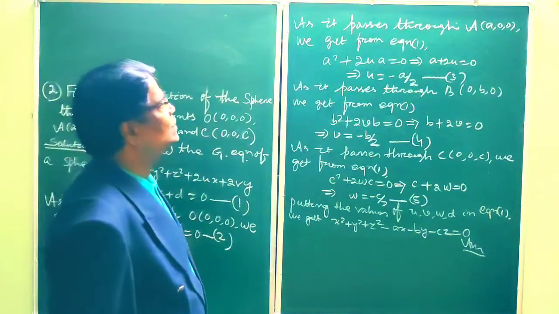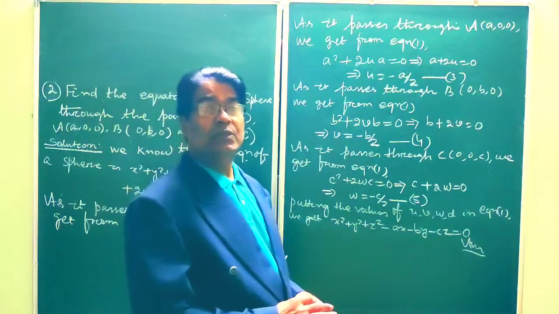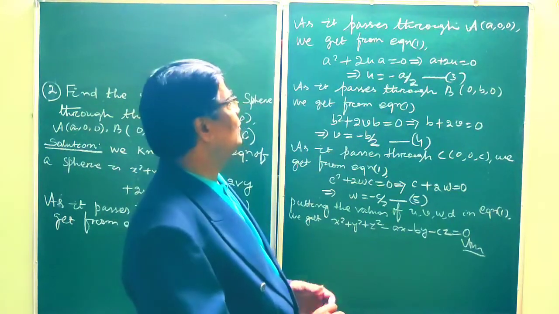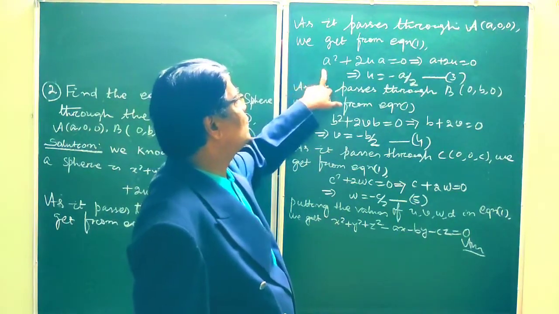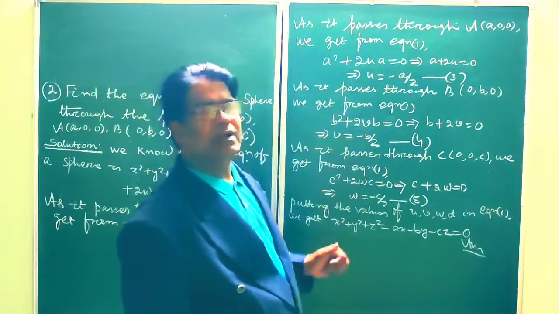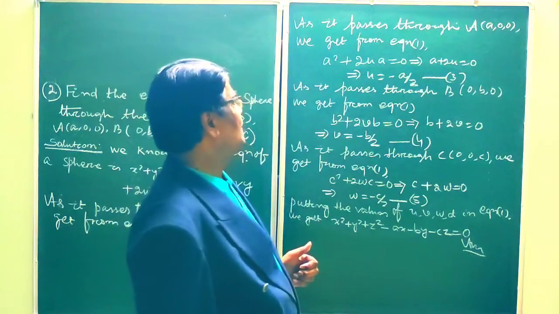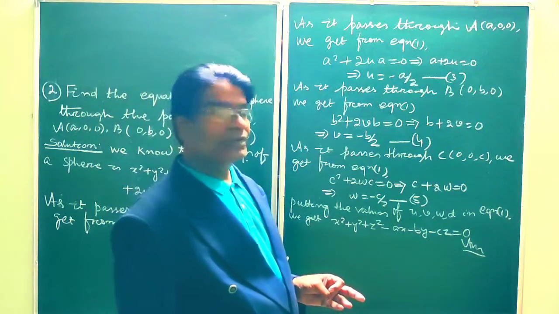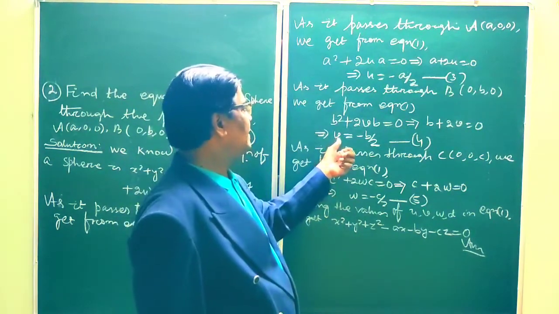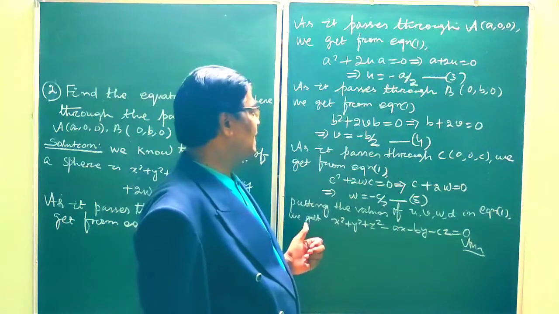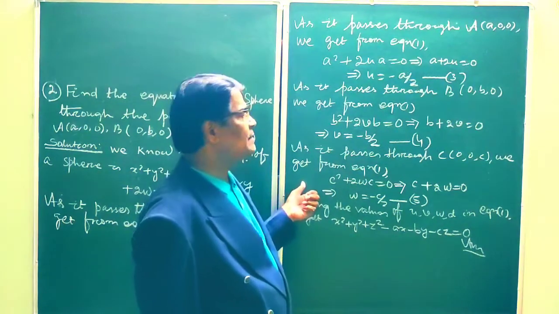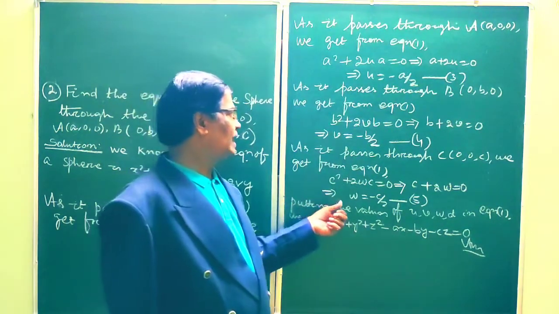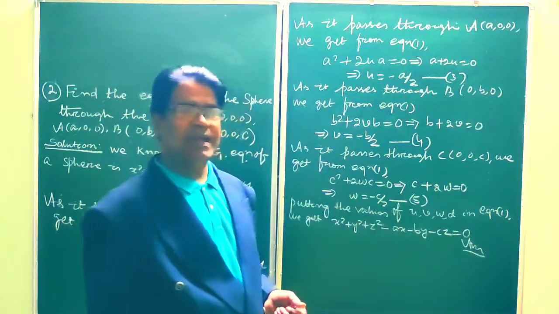This is equation 2. As it passes through A of a, 0, 0, then from equation 1 we get u is equal to minus a by 2. Similarly, as it passes through B of 0, b, 0, we get v is equal to minus b by 2, and as it passes through 0, 0, c, we get w is equal to minus c by 2.